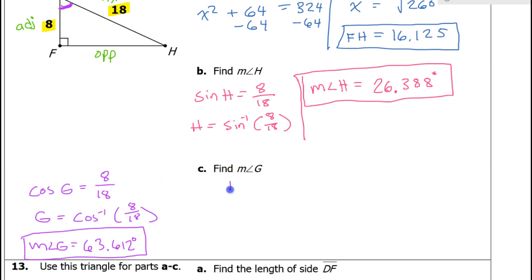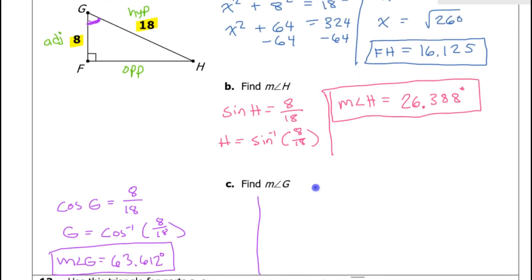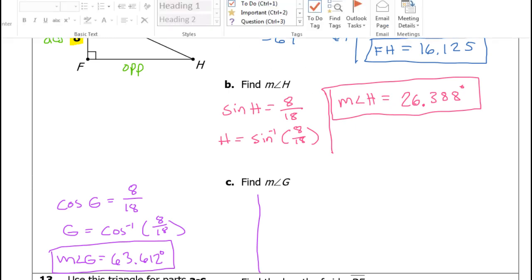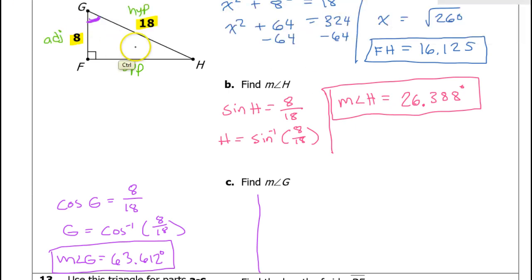Now here's the other way you could have done it. If you are very confident about the angle H that you just found in the previous step, we decided that this angle was 26.388 degrees. If you know one of the acute angles, the other one, you should be able to just do 90 minus the first angle.